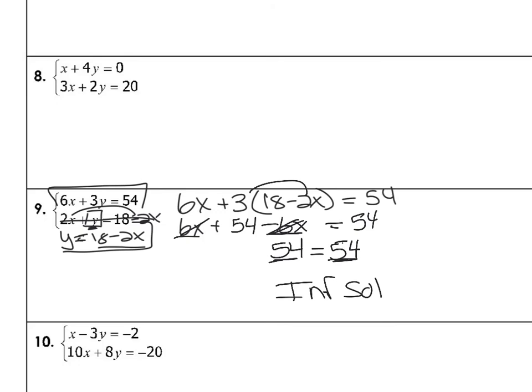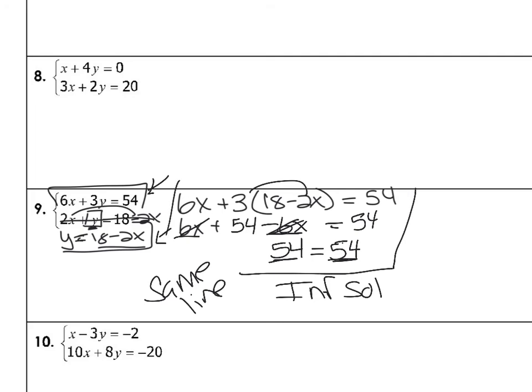If it's false, it's no solution. And if we had put both of these in slope-intercept form, we would have seen that it's the same line. Even if you don't put both of them in slope-intercept form, or y equals, you're still going to find out if it's parallel lines or the same line. So I wanted you to see that there.